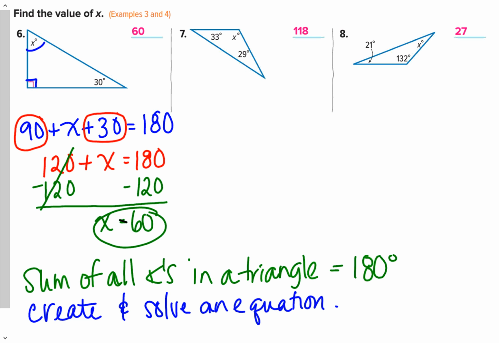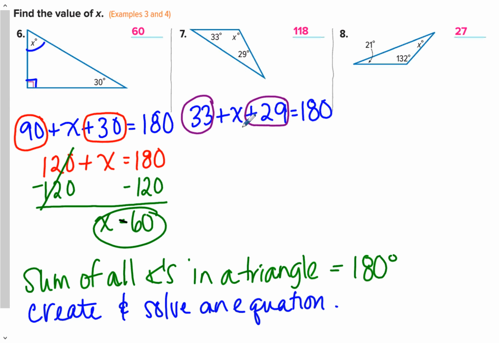All right, here's my next one. Here we have our 33 plus our x plus 29, and if you add them up, it's supposed to equal 180 degrees. Again, we can combine our like terms, so 33 can be combined with 29 because they are numbers. You can't add the x with the numbers because that's a variable.